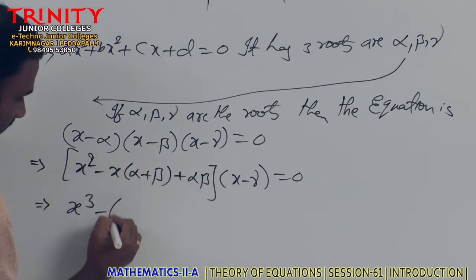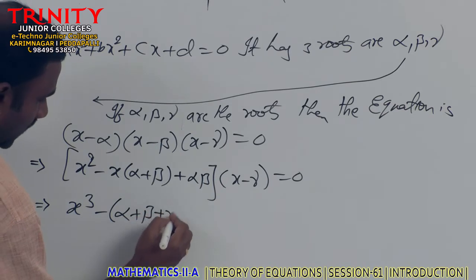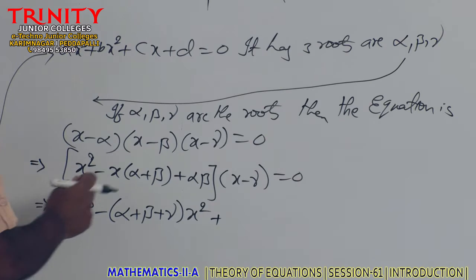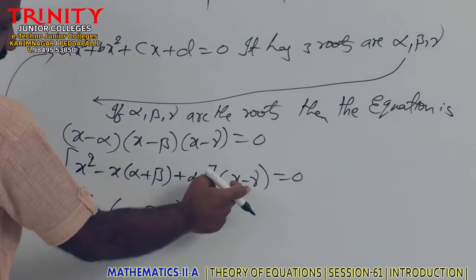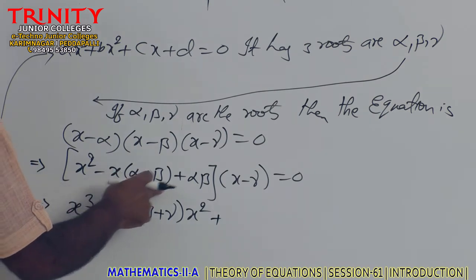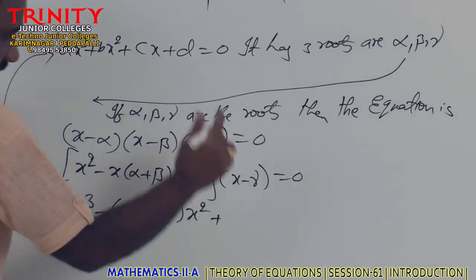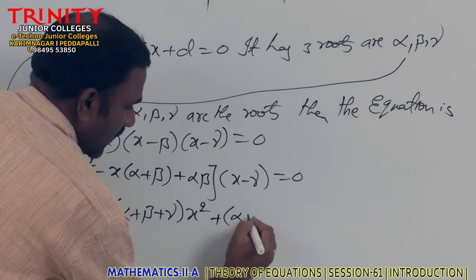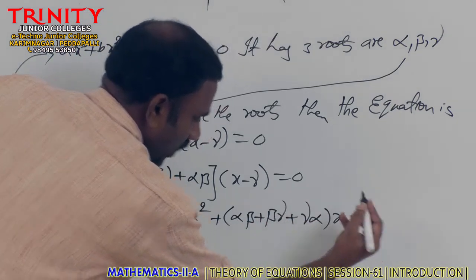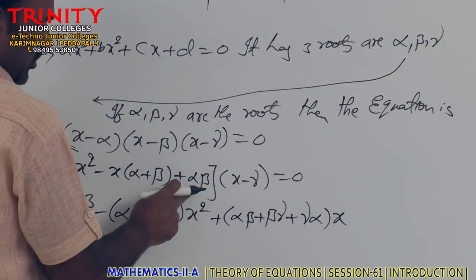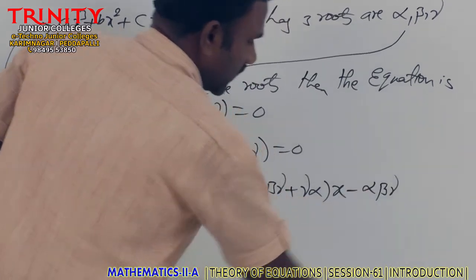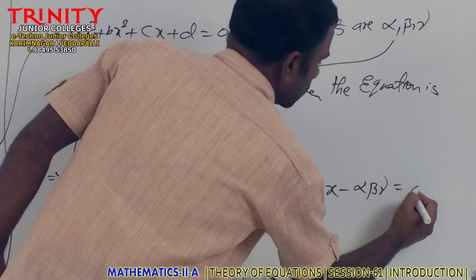Therefore, if we take x square common, minus (alpha plus beta plus gamma) into x square, and then plus x into (alpha gamma plus beta gamma), and then x into alpha beta. That is, the x coefficient is (alpha beta plus beta gamma plus gamma alpha) into x, and the constant is alpha beta into minus gamma, minus alpha beta gamma, equal to 0.